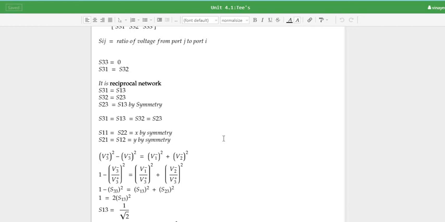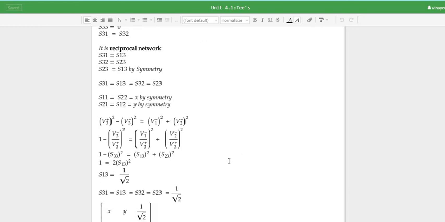Dividing by V3 plus square, this is the equation we are looking at. Now by the definitions of S parameters, V3 minus by V3 plus is S33, V1 minus divided by V3 plus is equal to S13, and V2 minus divided by V3 plus is equal to S23.